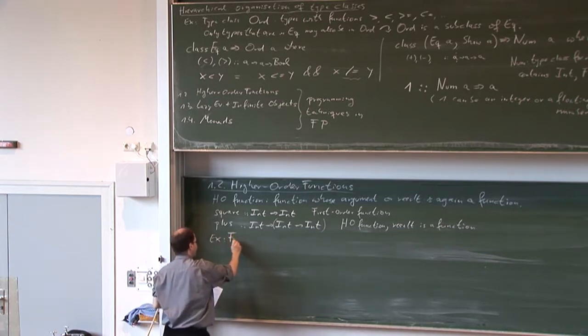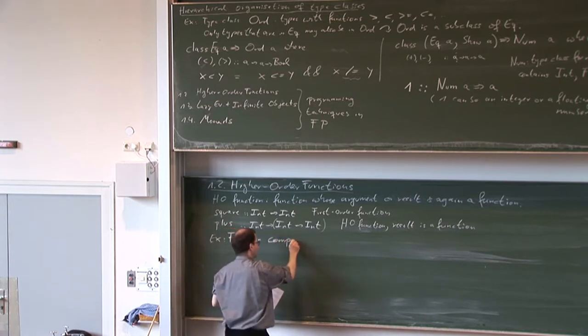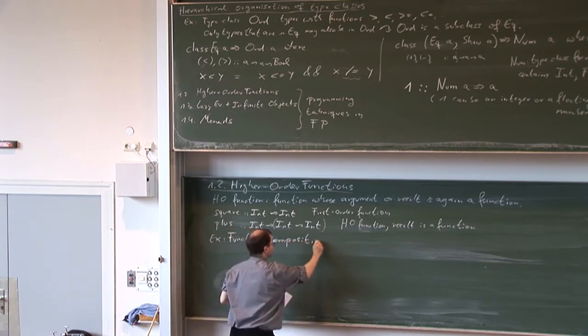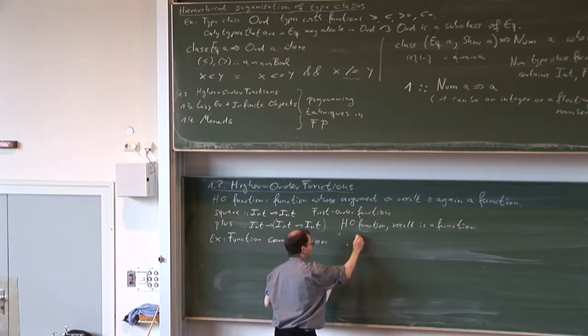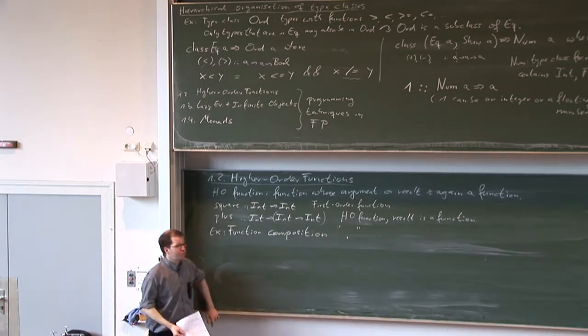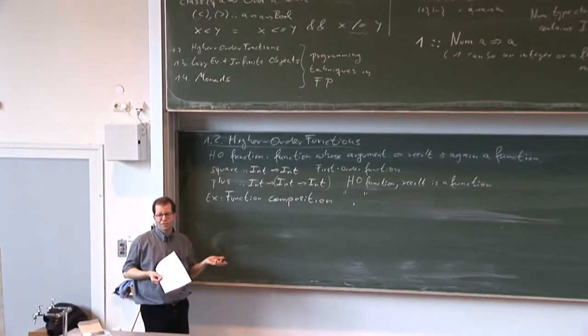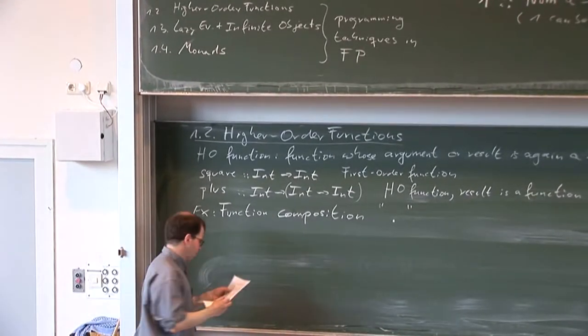So this is a function that you are familiar with. This is predefined in Haskell, and it's just written with a dot. And the idea of function composition is you take two functions, and the result is the function which composes the functions.